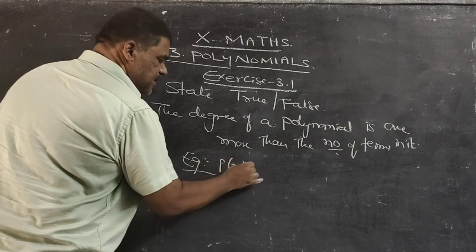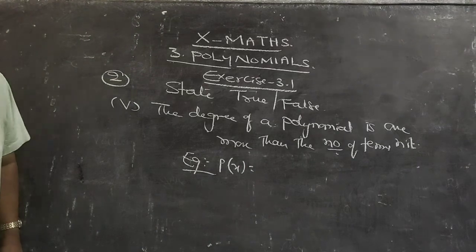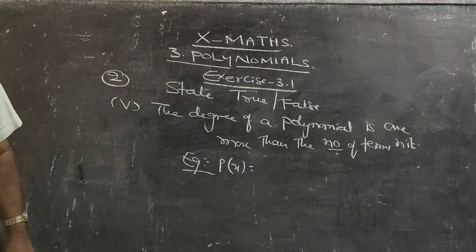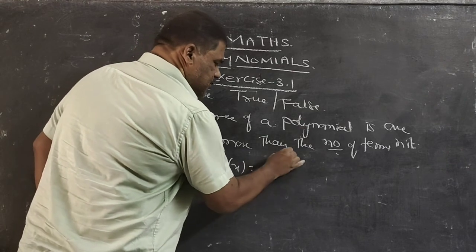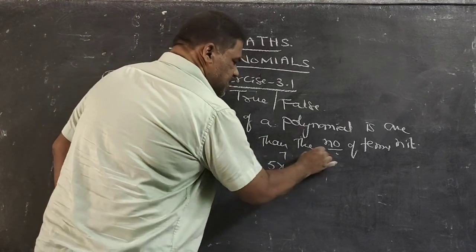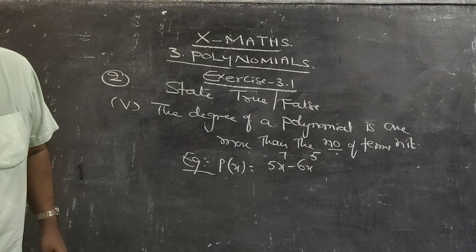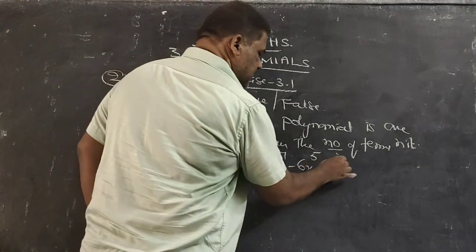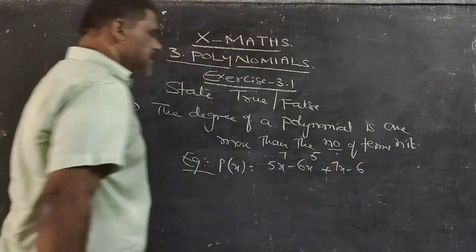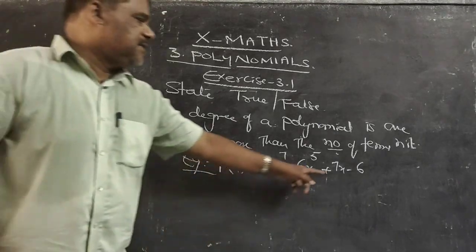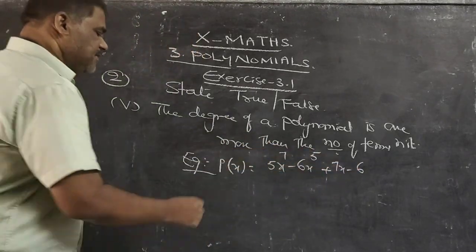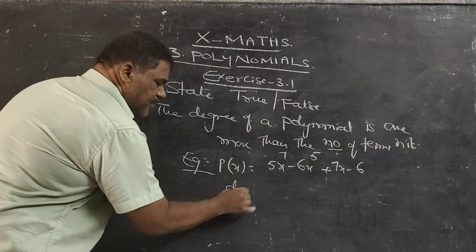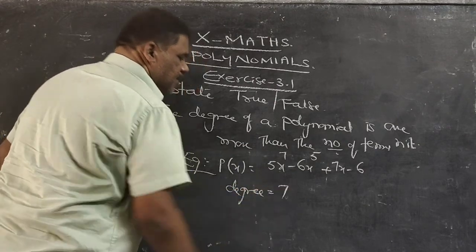P of x is equal to 5x to the power 7 minus 6x to the power 5 plus 7x minus 6. In this example, the highest power of the variable is 7. So the degree of the polynomial is 7.